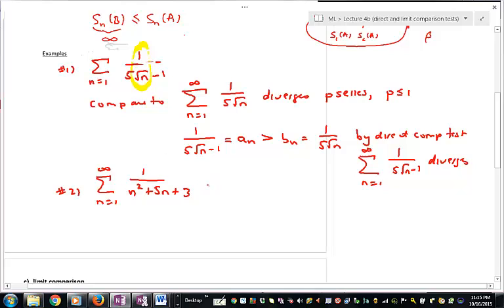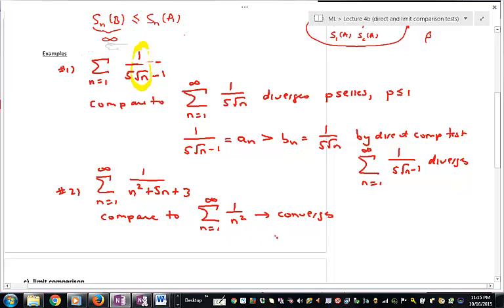So this we're going to compare to the p-series for p equal to 2. And we know that this series converges. And we also know that the an is less than the bn here.